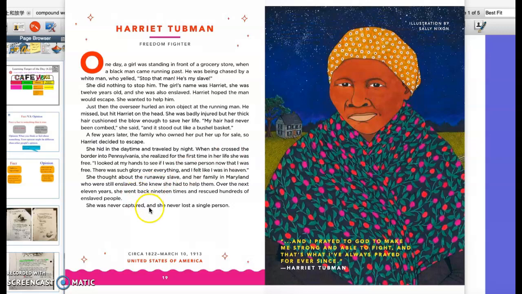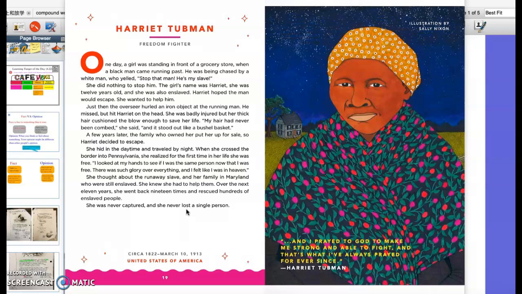I stopped at each punctuation and I tried to give more emphasis and use different tones for different sentences and different words, right? So as you can see, my reading wasn't perfect. So we're all practicing how to read with accuracy and fluency. Even though I'm a teacher, you're a student, we're still all practicing.